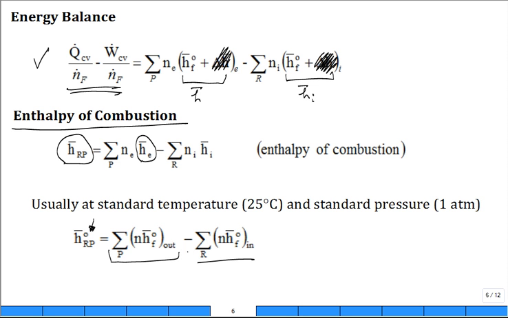Okay, so this is a useful concept, this enthalpy of combustion, or standard enthalpy of combustion, if it's at the standard condition, 25 C, 1 atm.